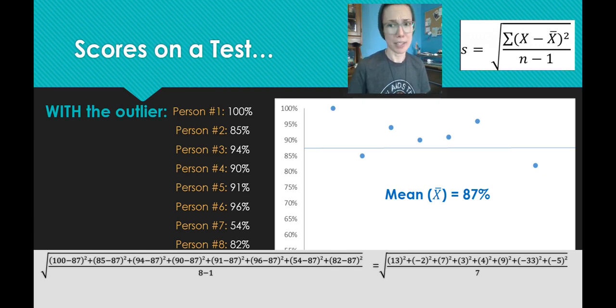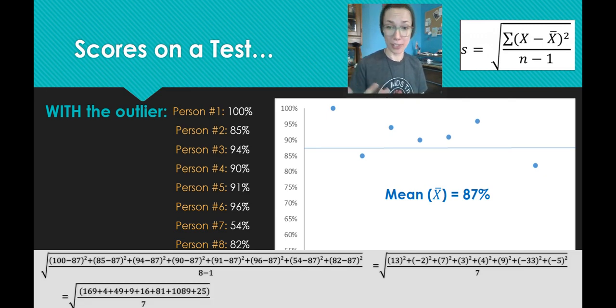These are some bigger numbers, so I definitely want to use a calculator to square 13 and 7 and 9 and 33, etc. Once you use a calculator to map out all of that, hopefully this is what you've gotten. When you add all those numbers together on the top of your equation, hopefully you get what I've got here, which is 1,442. If we take 1,442 divided by 7, we get 206.